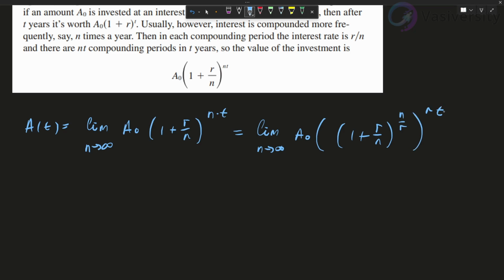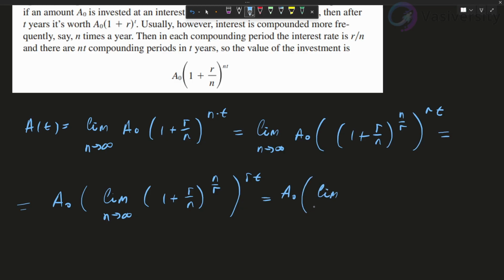Then by using the limit rules, we have A sub naught times the limit as n approaches infinity of 1 plus r over n to the power of n over r, which we've previously done. Let m be n over r.